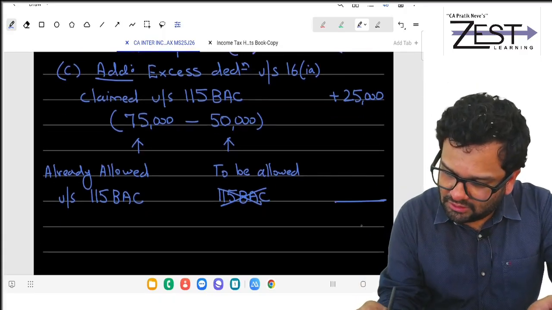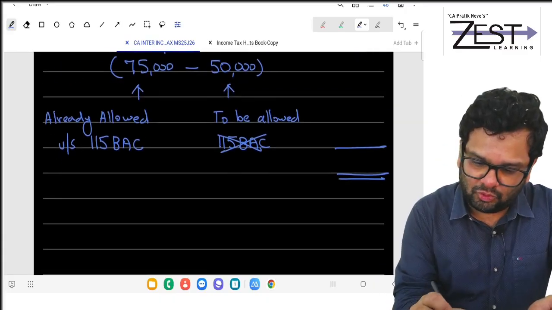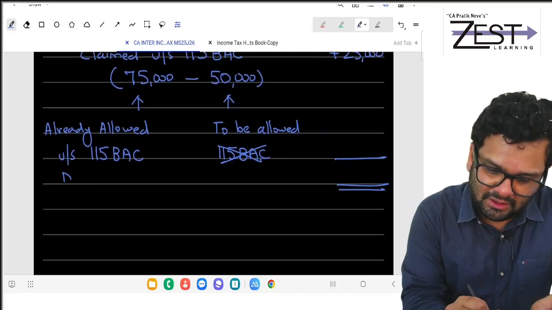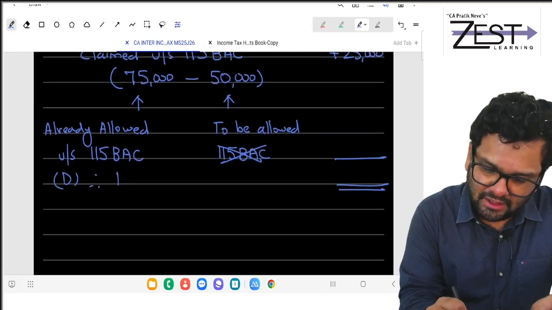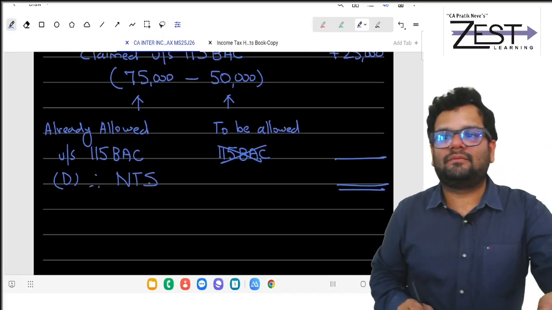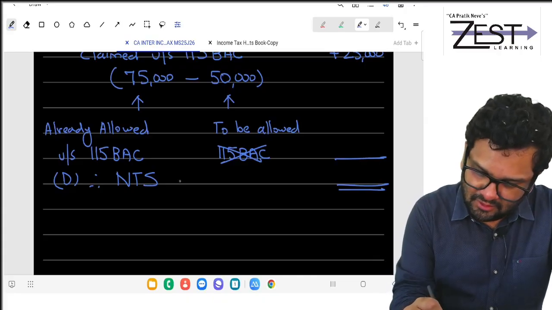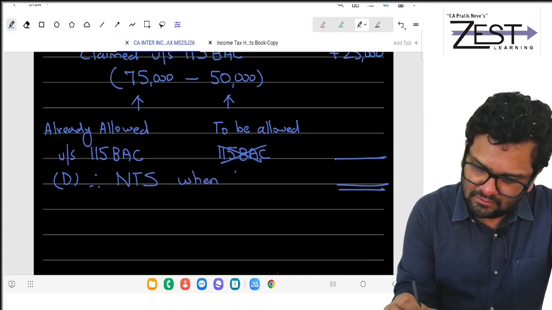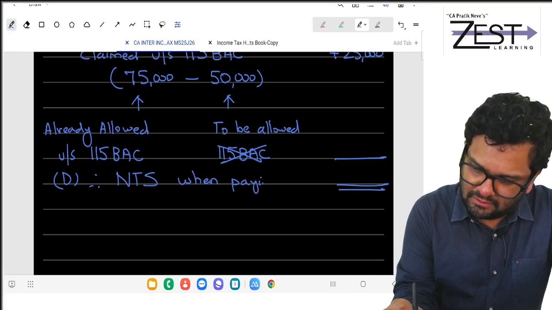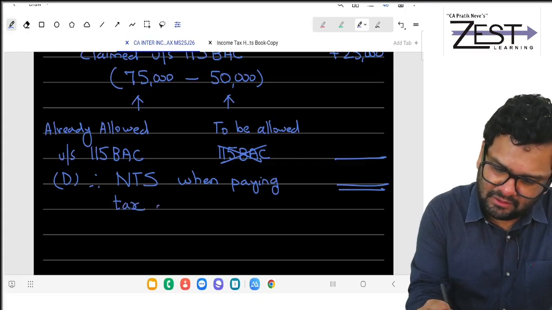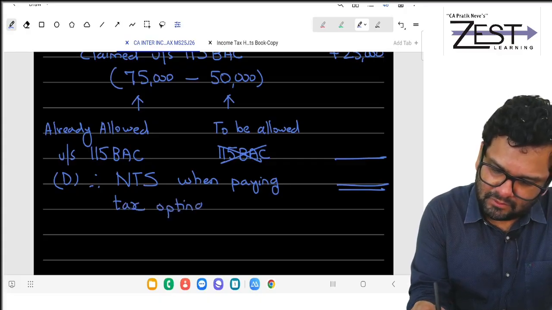Now tell me what is expected to get. You are expected to get here, therefore, NTS, net taxable salary, when paying tax, opting what?